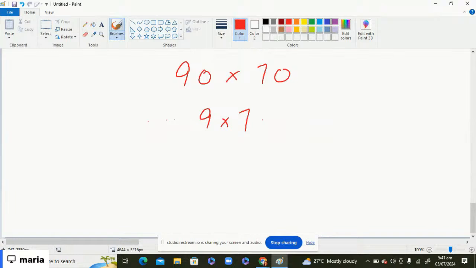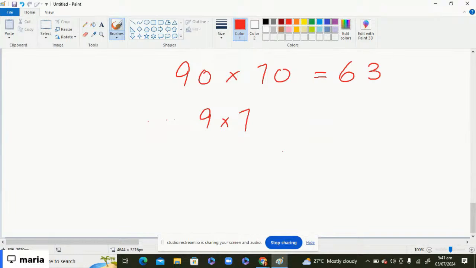So 9 times 7, what's the answer? Everyone, now you tell me this time. I'm waiting. Think about it, you all. So 9 times 7 is 63. We are going to put 63 with how many zeros? Think about it.